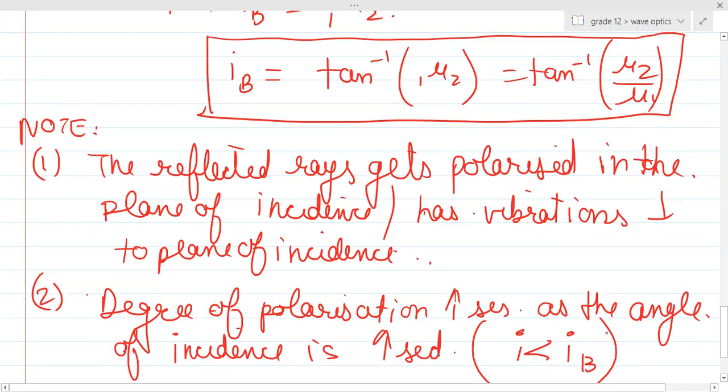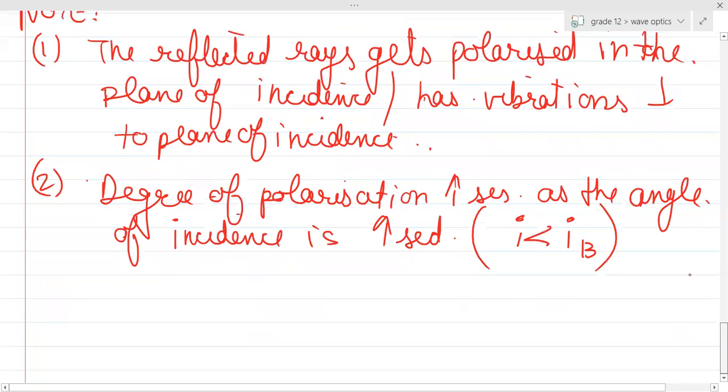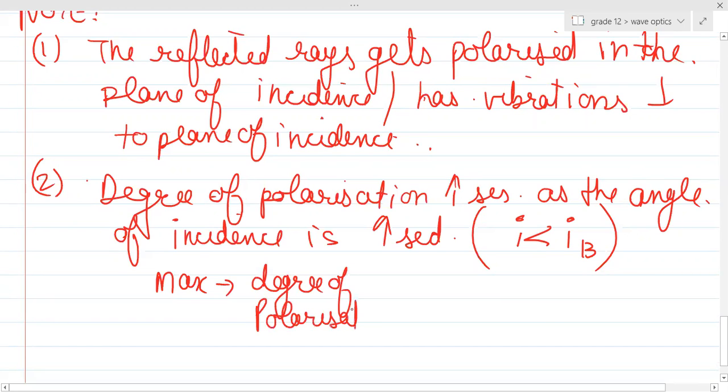So if the angle of incidence is less than the Brewster's angle, then when you increase the angle of incidence, automatically the polarization gets clearer. Is this clear, guys? Where is the maximum degree of polarization? It is at I equals to IB. It is 100% polarized.